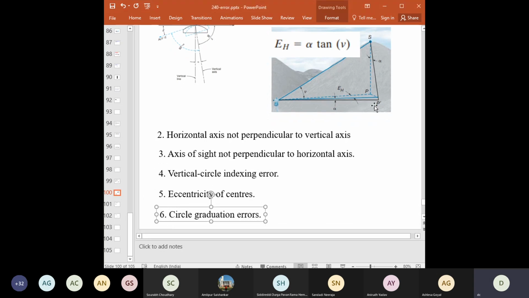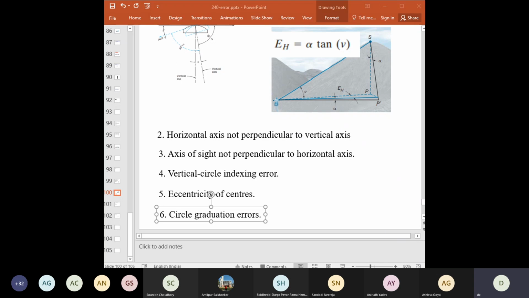The next error is the circle graduation error, which is based on the graduations around the circumference of the horizontal or vertical circles. If they are non-uniformly placed, errors will result in the observed angle readings. These errors are generally small because very rarely do we have such non-uniformity.